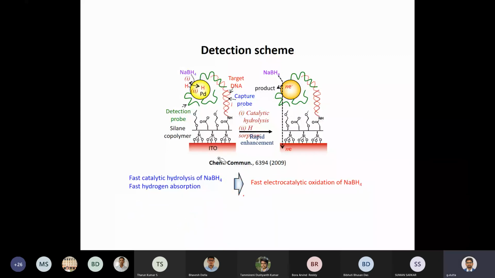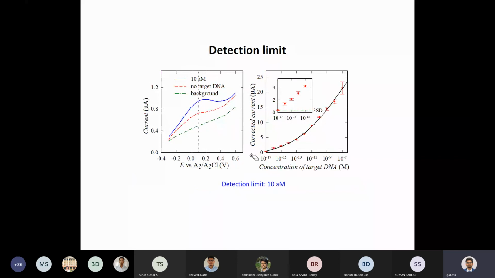I will show you some curve here. You can see if we use palladium and sodium borohydride treatment technique, you can go almost to a 10 attomolar detection limit. Attomolar means lower than femtomolar, very low.